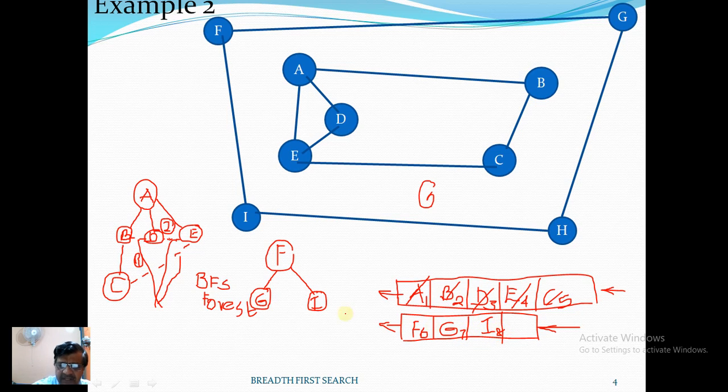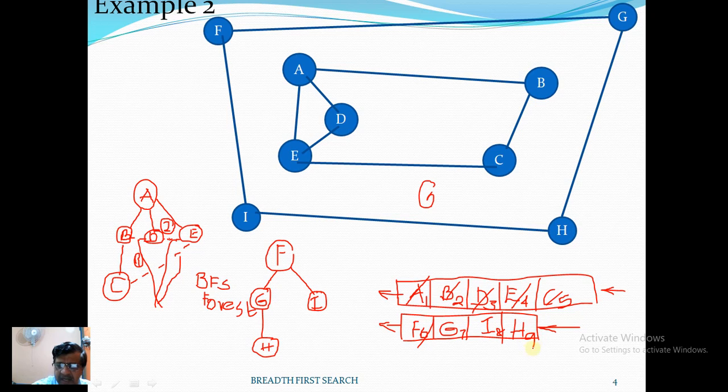All the vertices directly connected with F are over. Therefore F is dequeued, and it will just visit G. It's already marked, and from G it has a direct connection to H. So H will be marked as visited, H9.